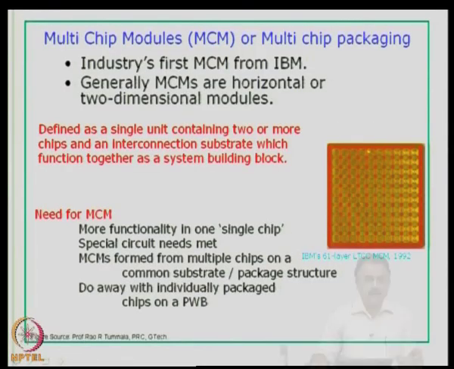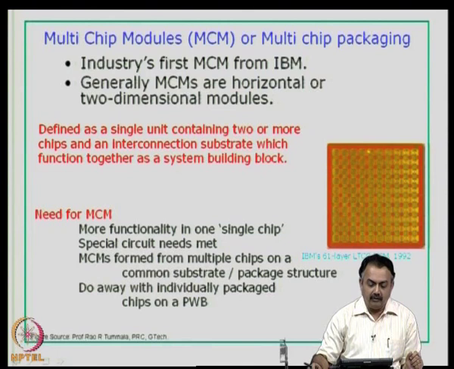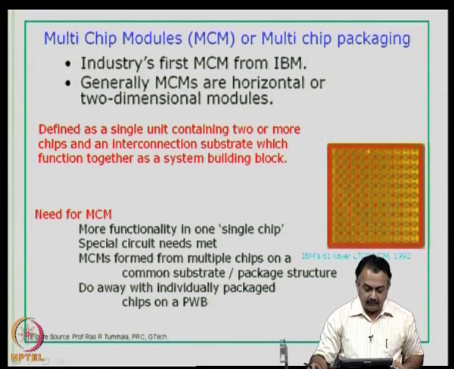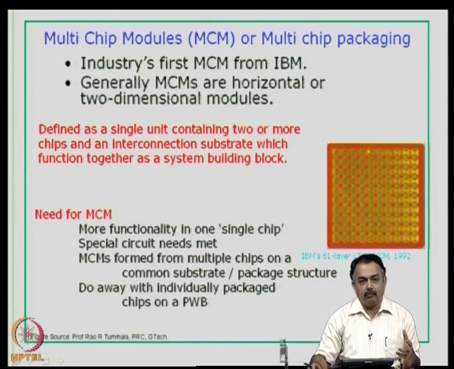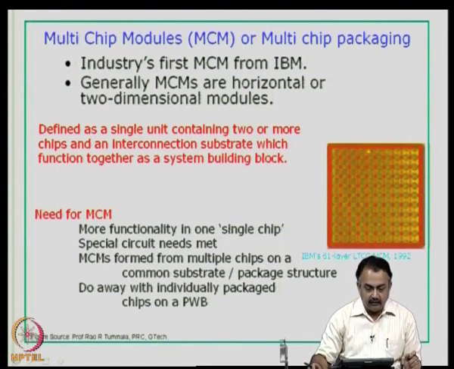So, if you look at multi-chip modules, MCM or multi-chip packaging, compared to SCM, which is a single chip module, here we have a single unit which contains 2 or more chips on a common substrate and interconnected together on the common substrate, so that it can form a system level building block.